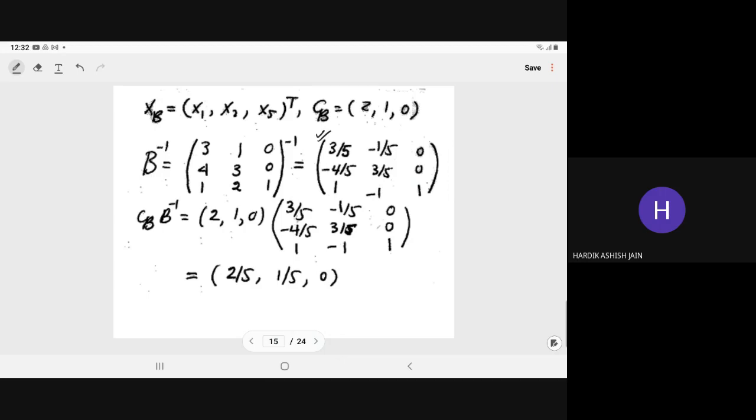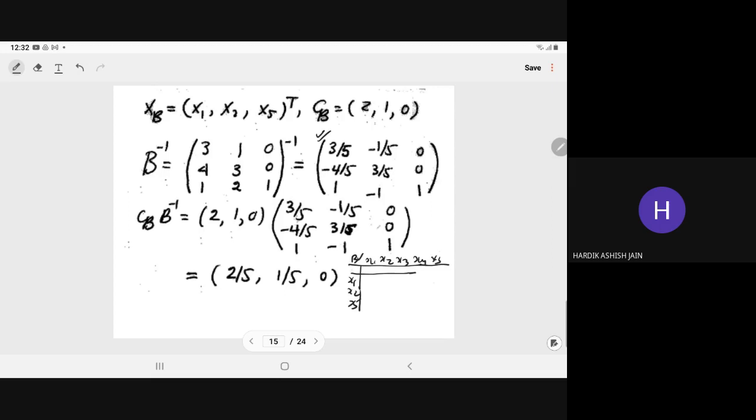What I have told you is that in the simplex table, here we write the basic variable, and here we write x1, x2, x3, x4, x5. They have given that the basic variables are x1, x2, x5.